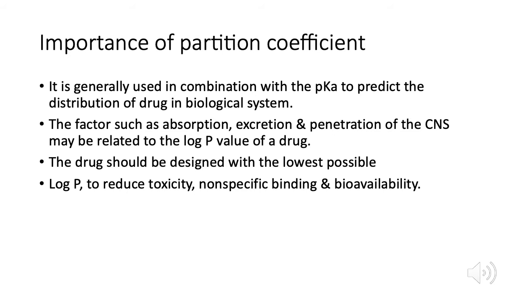It's generally used in combination with pKa to predict the distribution of a drug in a biological system. Factors such as absorption, excretion, and penetration of the central nervous system may be related to the logP value of a drug, and so the drug needs to be designed with the lowest possible logP, which may also contribute to reducing toxicity, non-specific binding, and bioavailability problems.